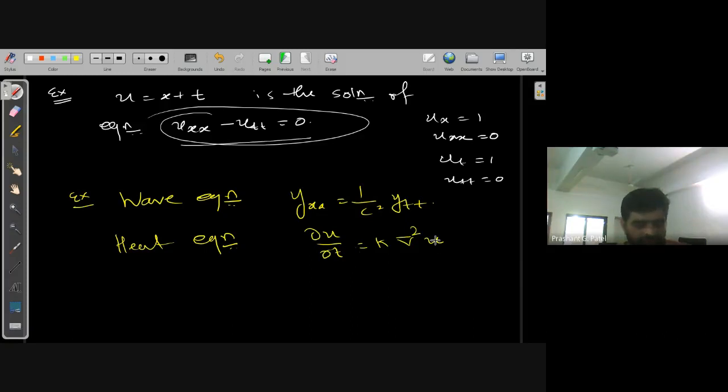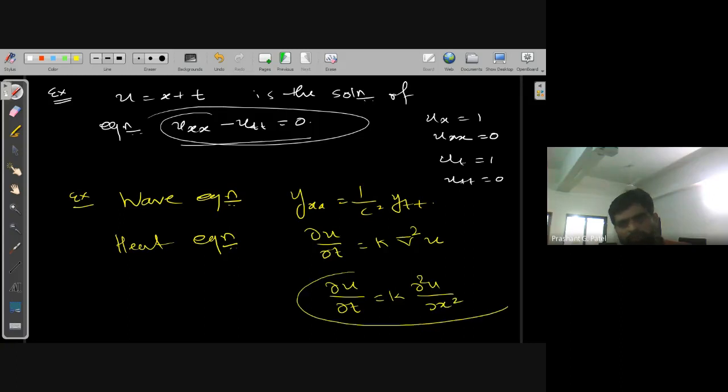If this u is a function of one space variable only, that means the time t is already there, and it is in one dimensional space, this heat equation can be converted into del u by del t equal to kappa del square u by del x square.